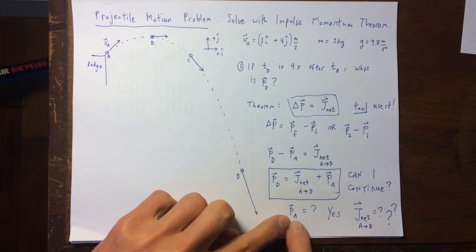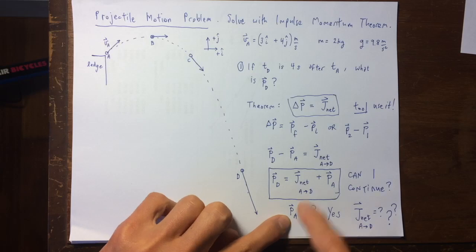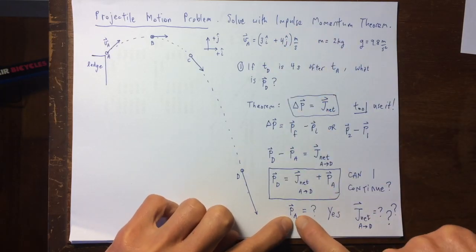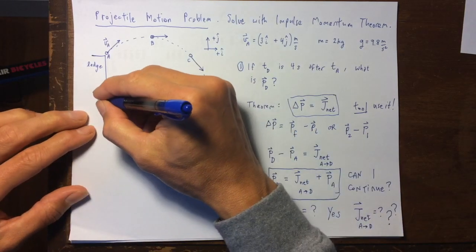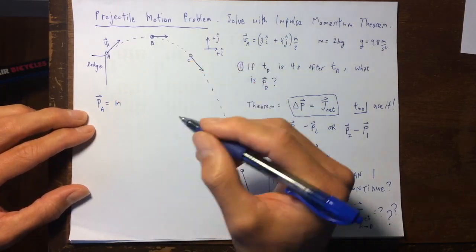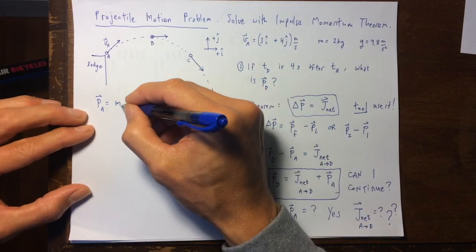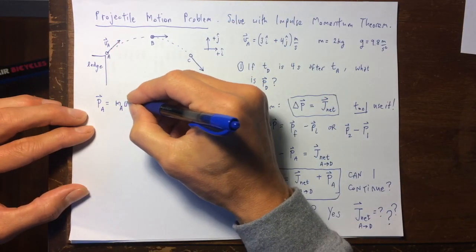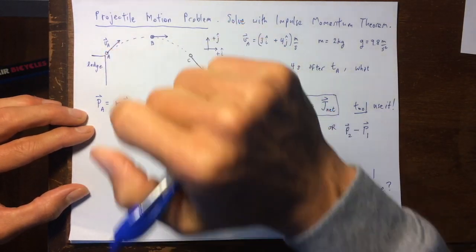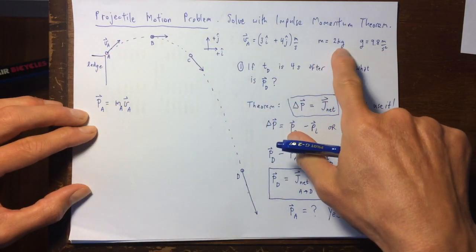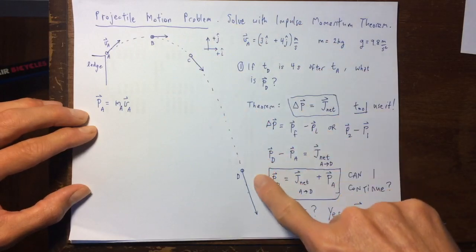It's easy because in order to calculate the momentum, all I need to know is the mass and the velocity when this is appropriate. So p sub A is equal to the mass, and this is kind of a strange thing to write, but it's the mass when the object is there times the velocity when the object is there. And the mass when the object is there presumably is not different when the object is anywhere else.